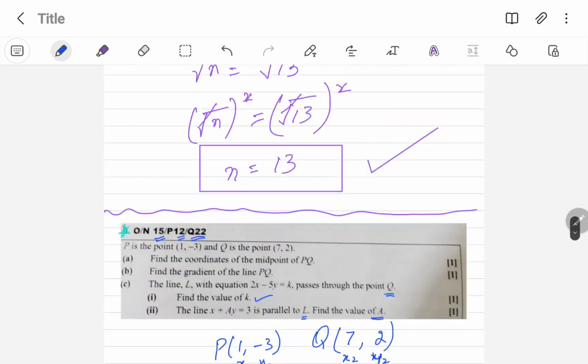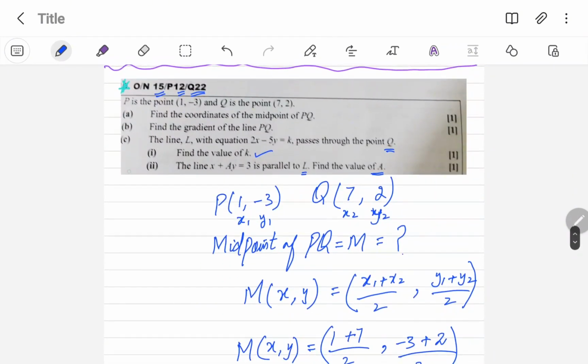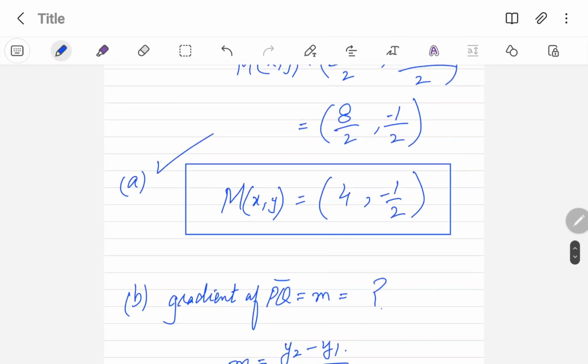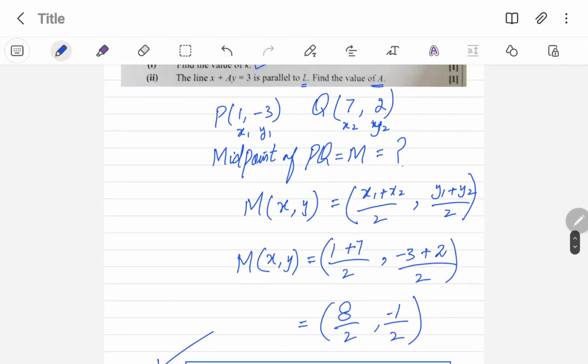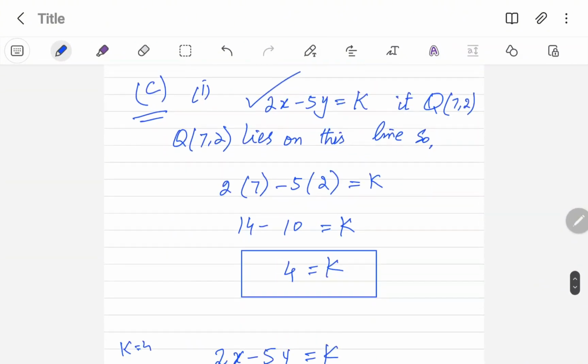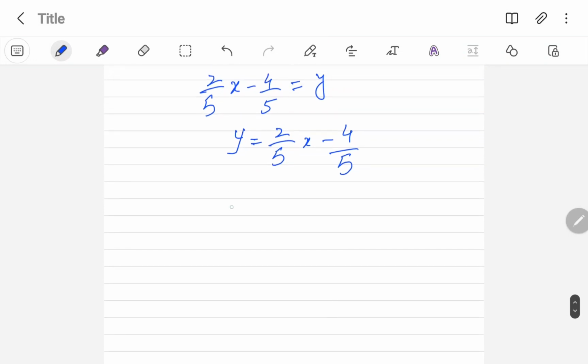Now what we want to do, it is given in the second part, line x plus ay is equal to 3 is parallel to line L. Find the value of a. हमारे पास एक और इक्वेशन गिवन है, दैट इज that x plus ay is equal to 3. I will confirm it.